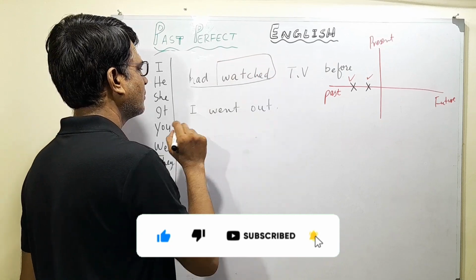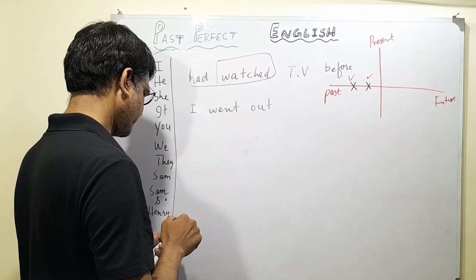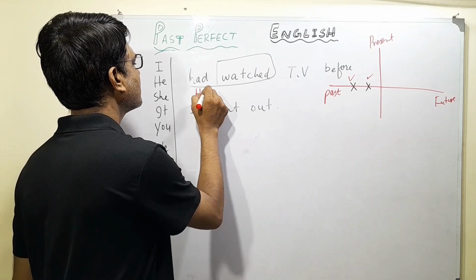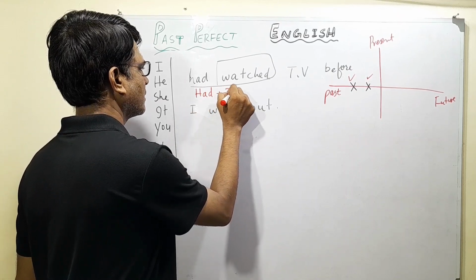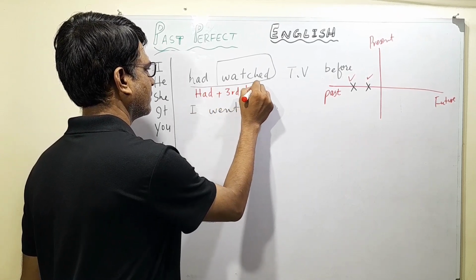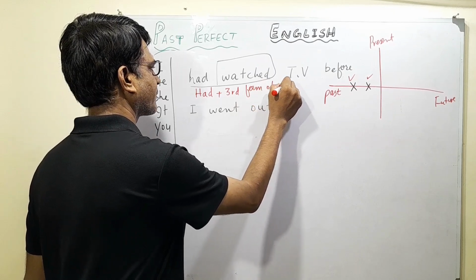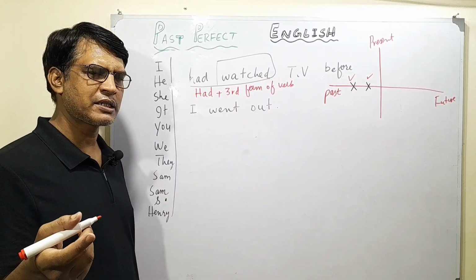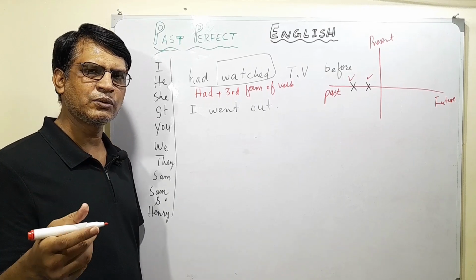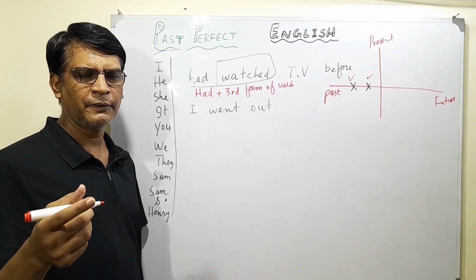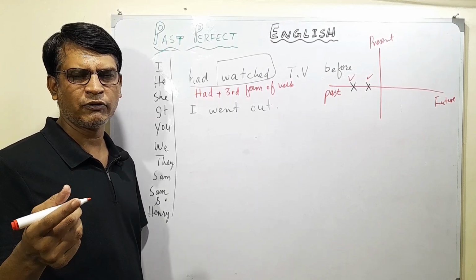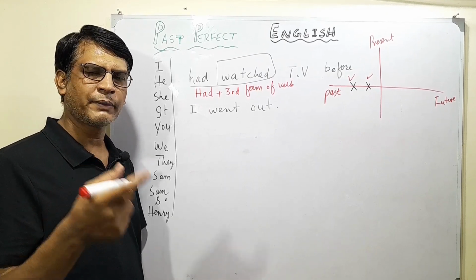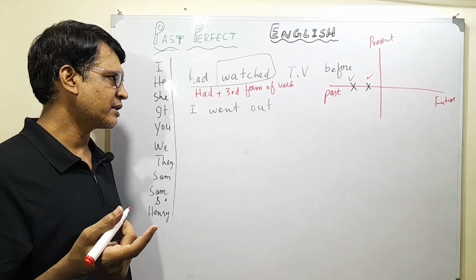So the idea to make past perfect is had plus third form of verb. And in the earlier lesson, when we were studying past simple, I told you that we need to remember first, second, third form of verbs. They come in present tenses, in past tense, and in the perfect tenses as well.